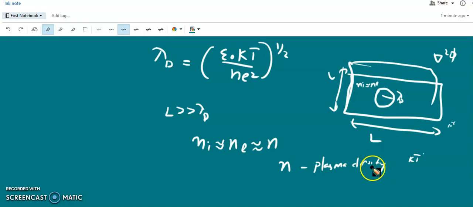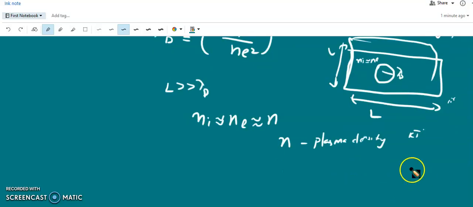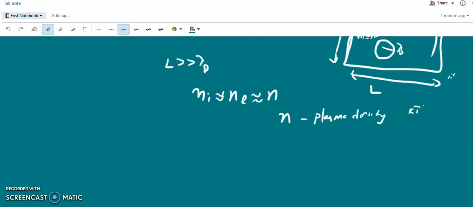But this plasma is not so neutral that all electromagnetic forces vanish. Plasma as a whole is neutral. Even though negative and positive charges are equal, the electromagnetic forces in it are not zero. So we cannot say it is completely neutral. So it is quasi-neutral. That is the quasi-neutrality.